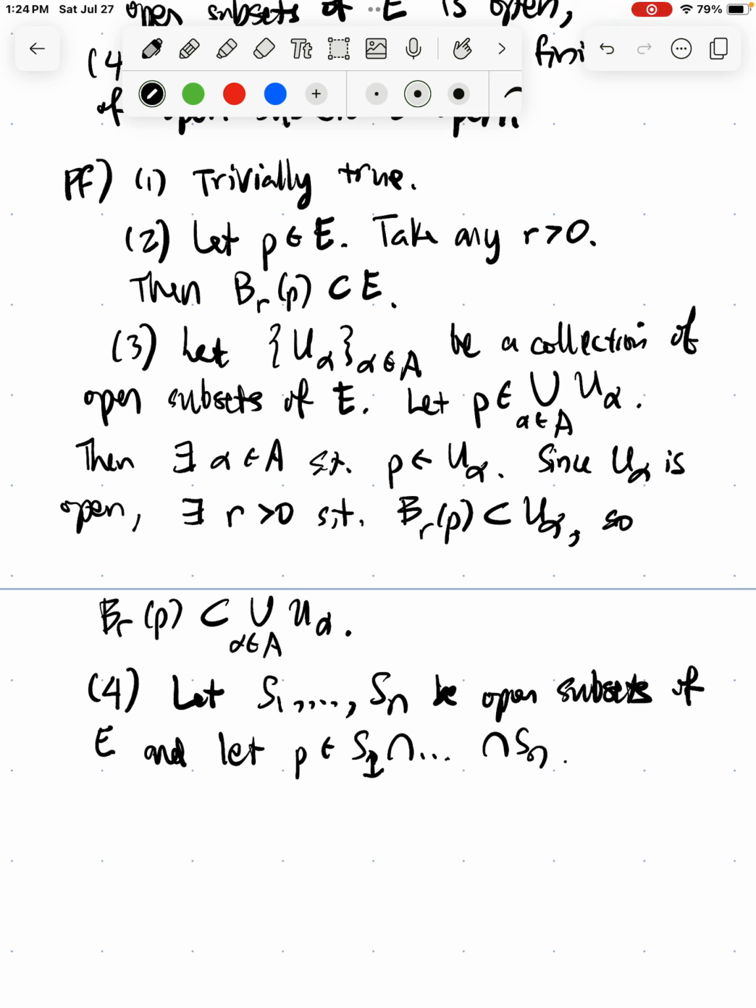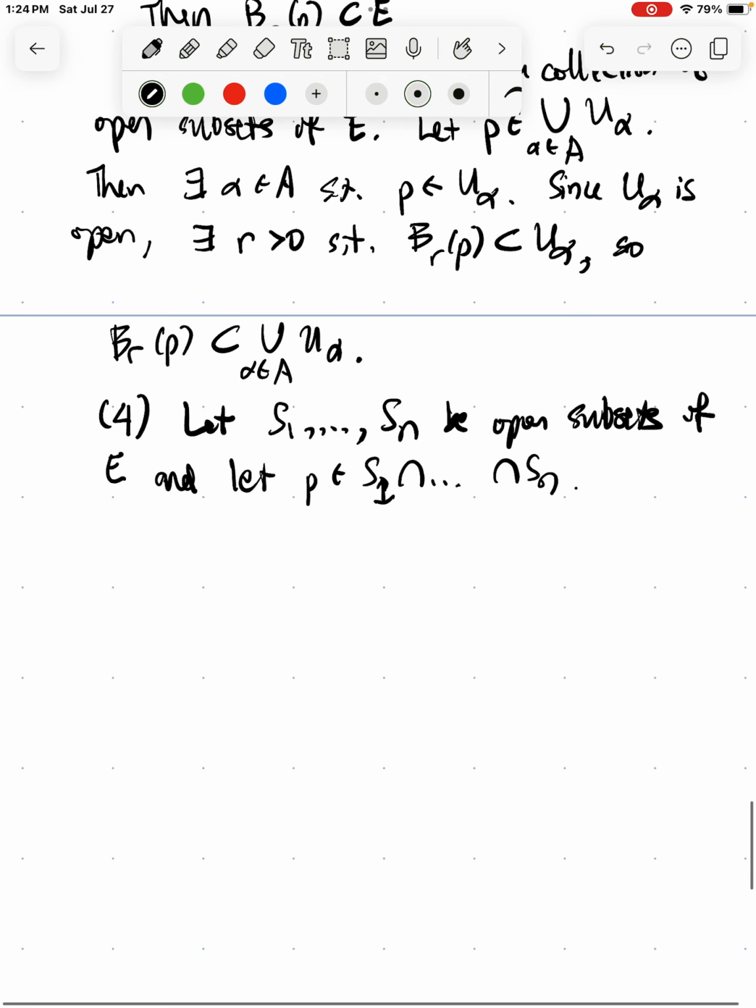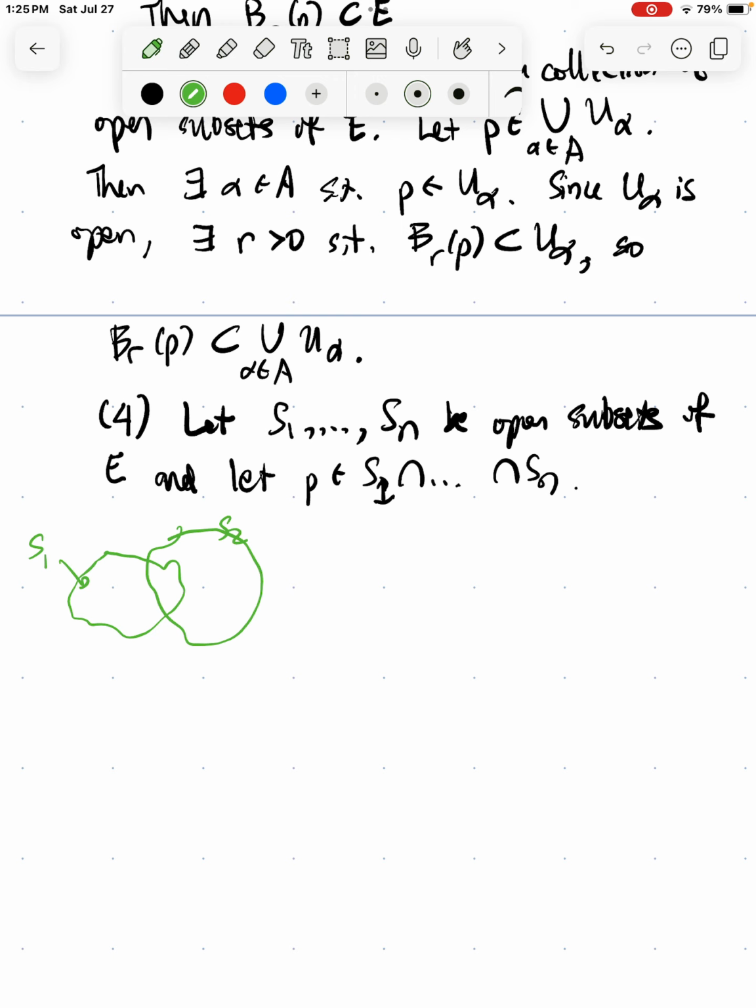We want to show that there is, let me draw a picture just to illustrate what's going on. Let's say that n is 2, and let's say that this is your S1, and this is your S2. You take a point P in the intersection, so that's P. And you want to show that there's some R such that the ball of radius R centered at P is contained in the intersection.